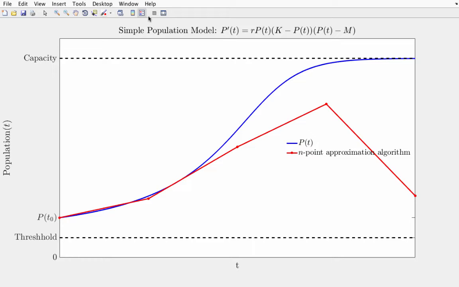Let's just take a look at a simple example of why we'd want to consider sequences of functions. Suppose we have some simple differential equation that models a population. The population has a certain threshold for thriving, but there's also a capacity to the habitat. Oftentimes we use numerical methods to approximate solutions to differential equations.